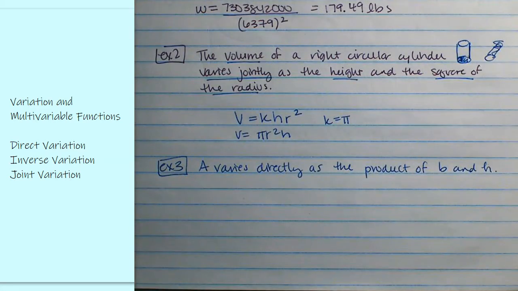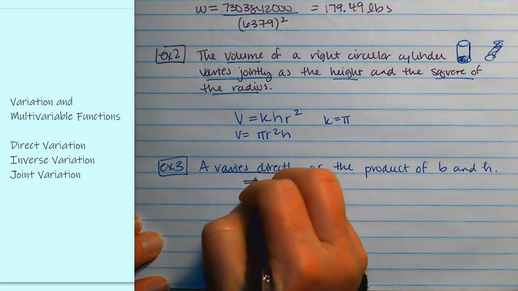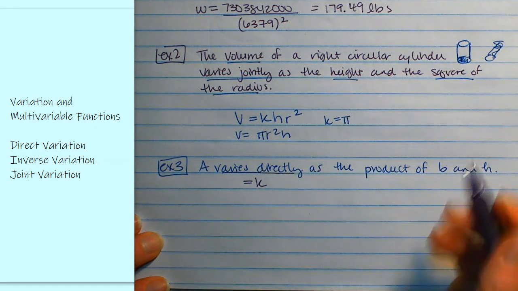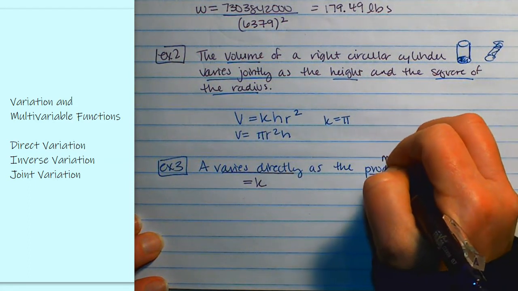Your homework problems start out here. So let's look at an example from homework to see if we can rewrite these. Example 3 says A varies directly as the product of B and H. So you have to use all of your math word knowledge to know what these things mean. We learned that varies directly means equals K. We know that product means multiply.